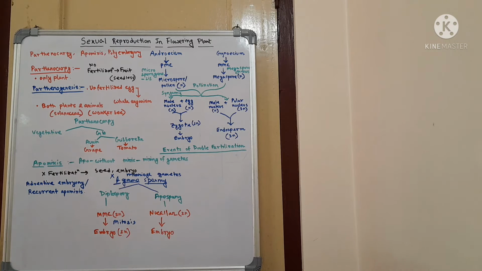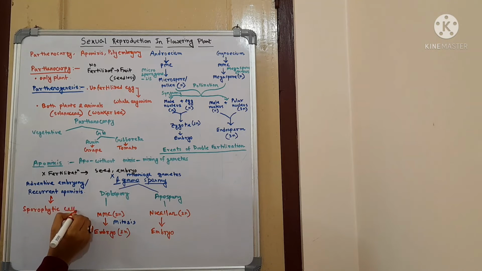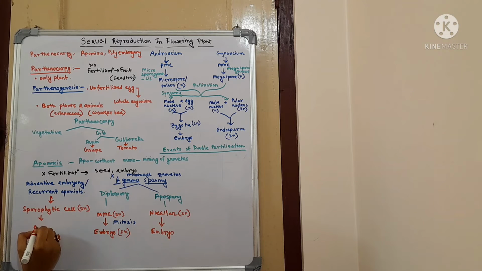That is the formation of the embryo from any of the sporophytic cells. This is very important. From any one of the sporophytic cells, which are diploid in nature, the embryo formation will take place, which will also be diploid in nature.